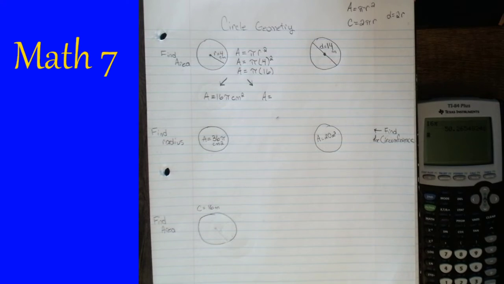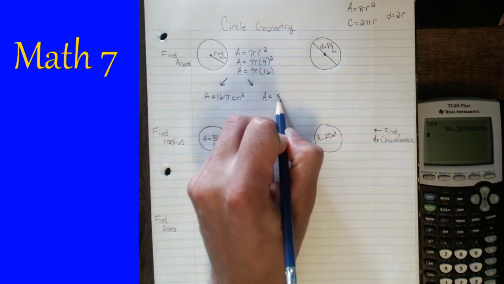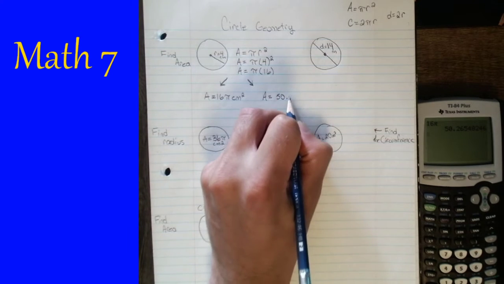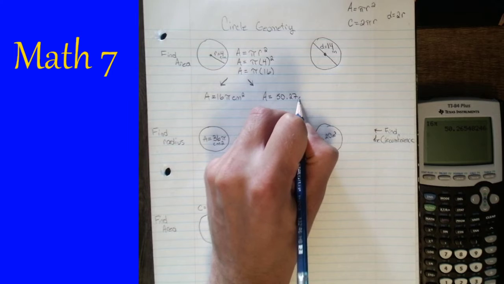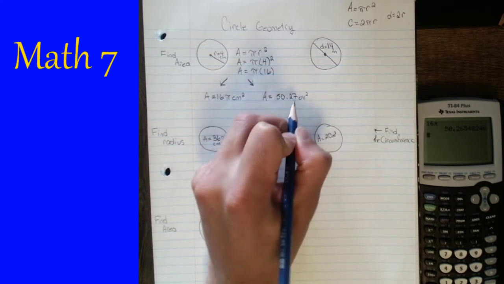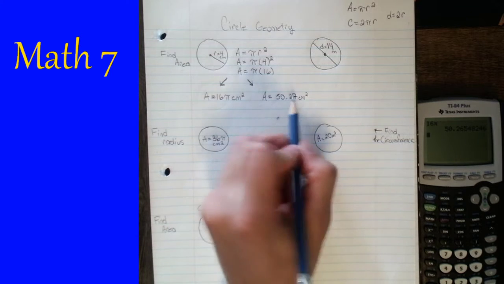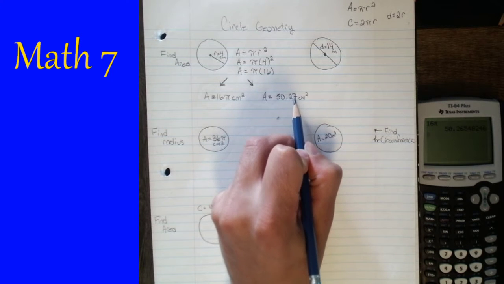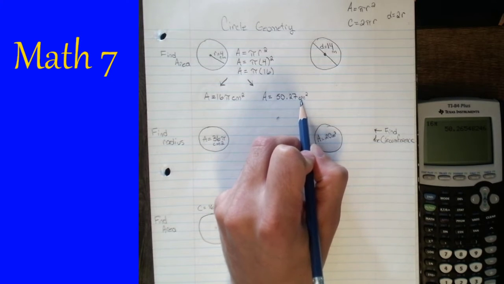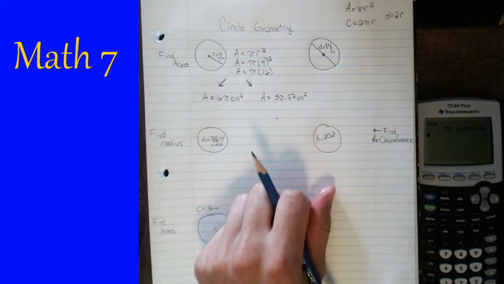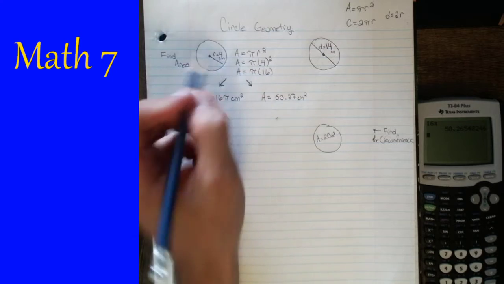That turns out to be 50.27 centimeters squared. Very often I'll round to 2 decimal places. Okay, so that's our first example.